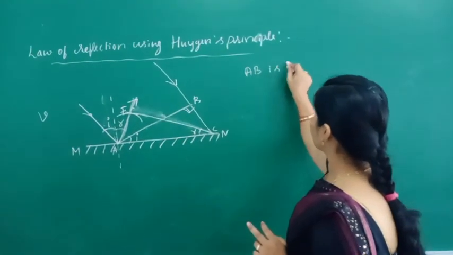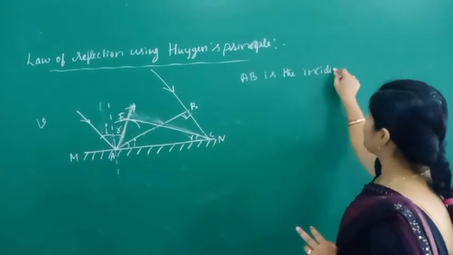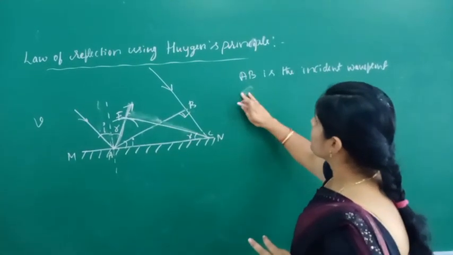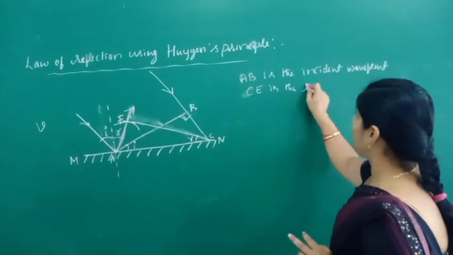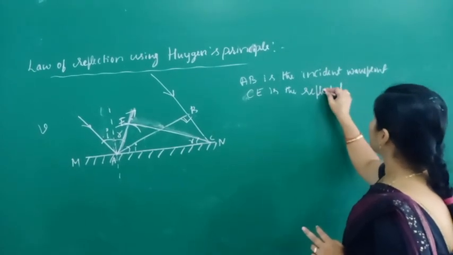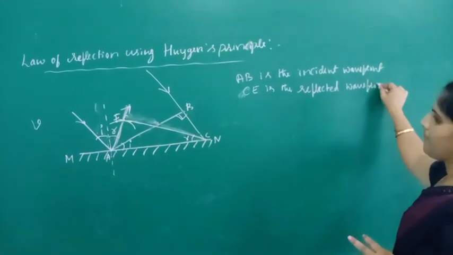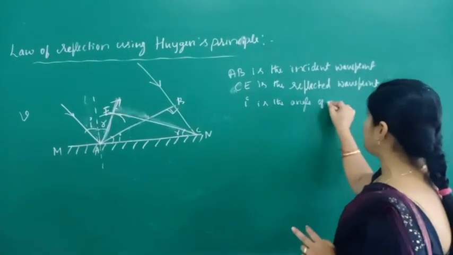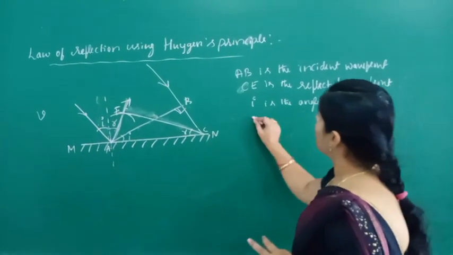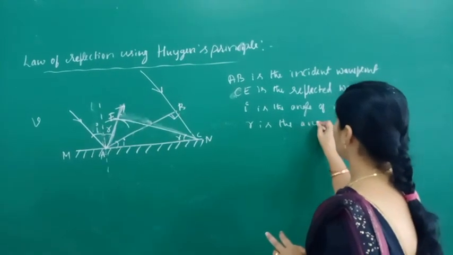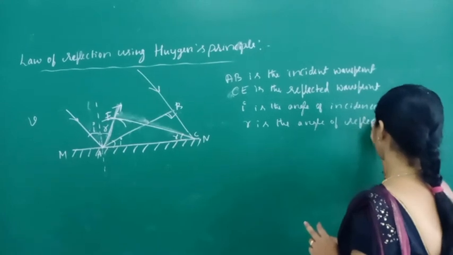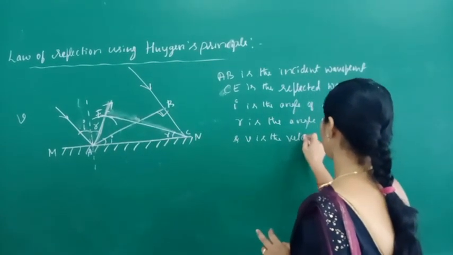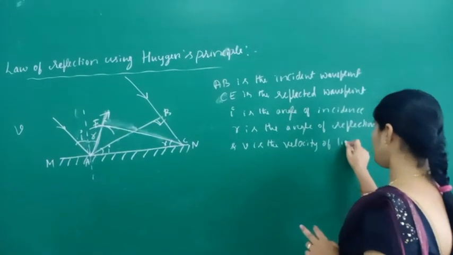AB is the incident wavefront. CE is the reflected wavefront. i is the angle of incidence, r is the angle of reflection, and v is the velocity of light in the given medium.